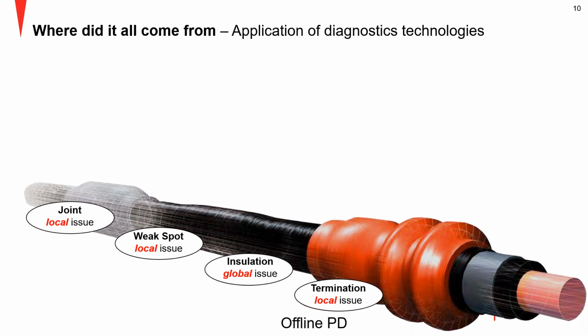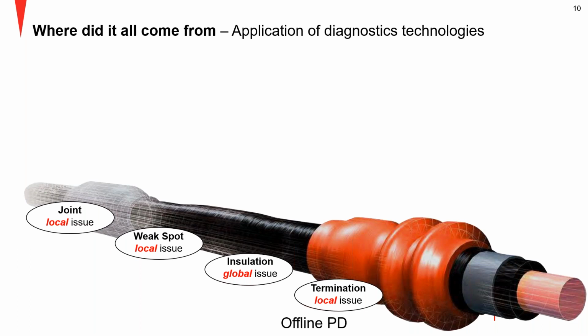And then for the local weak spots, you also have two classes. You have a very straightforward type of fault that is solely dependent on the maximum field intensity. So just apply a high enough voltage, the fault will ignite and burn, or buzz and deteriorate, and that's it.